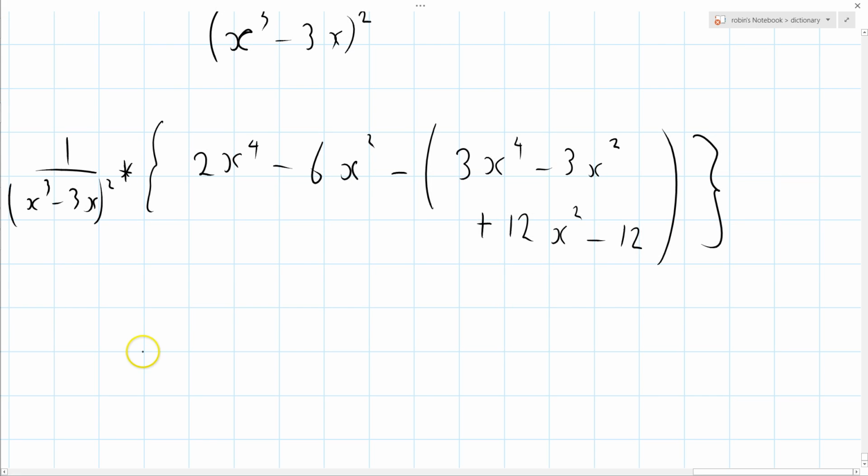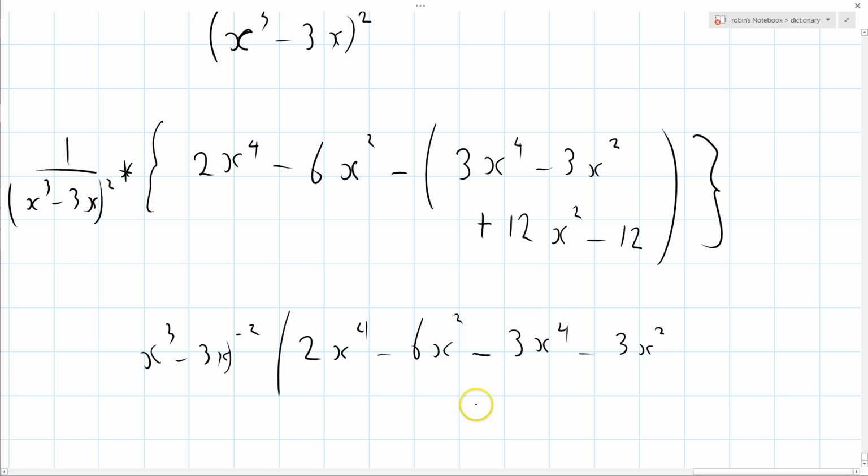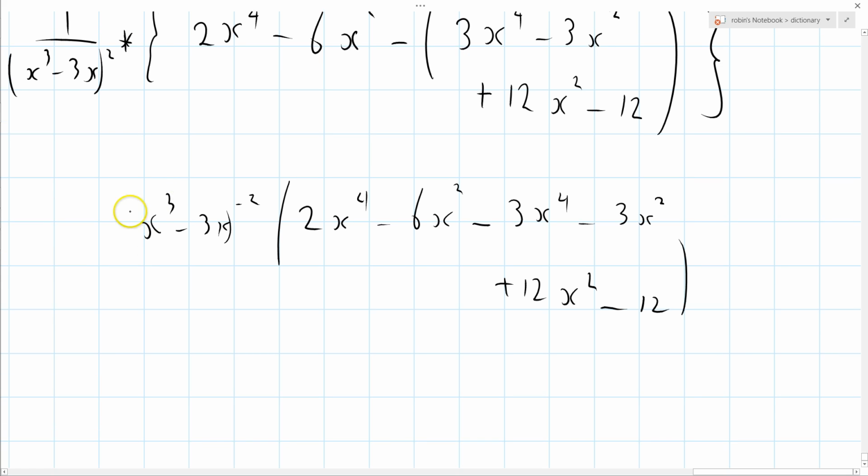Okay, so it's x cubed minus 3x to the minus 2 times, see if we can do some simplification here. Well, actually, let's just do it one step at a time. 2x to the 4 minus 6x squared minus 3x to the 4 minus 3x squared plus 12x squared minus 12, times x cubed minus 3x to the minus 2.